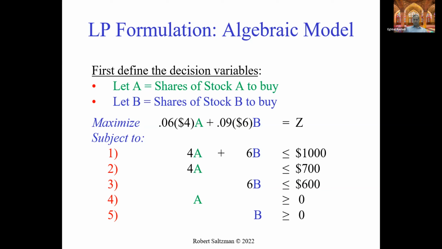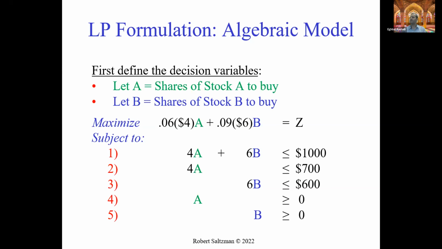All right, so let's go to solving this problem. Since this is a small problem that only has 2 variables, A and B, there is a method called graphical optimization solution methodology.